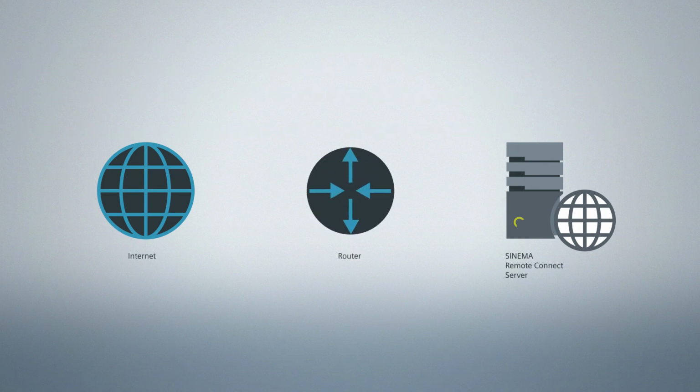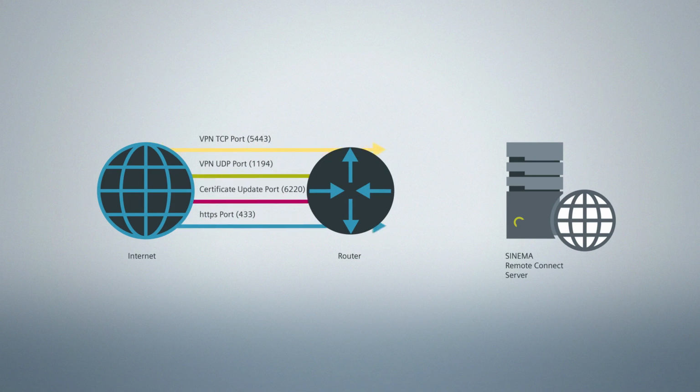In order for the server to be accessible externally via the internet, you must have your administrator activate the corresponding port forwarding in the router. Now the web-based management of the SINEMA Remote Connect server can be accessed via the internet, using a public IP address or optional DNS name. This completes the configuration of the SINEMA Remote Connect server.